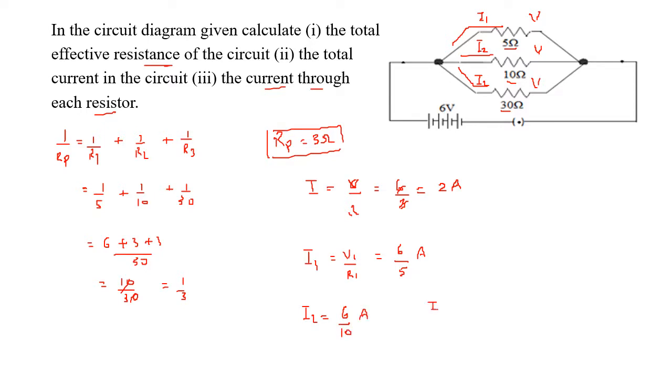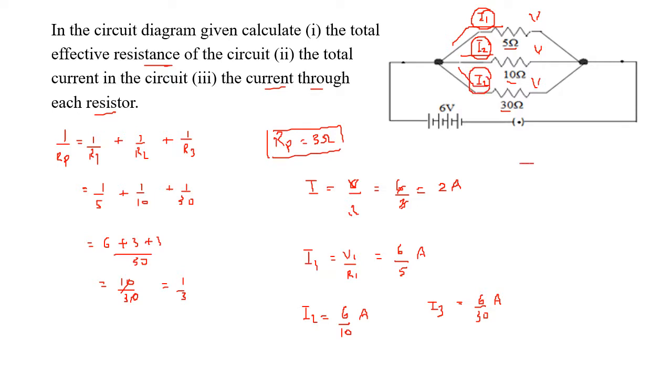The current passing through the third resistor, that is 30 ohm, is 6 upon 30 ampere. So current I1 is 6 by 5, the current I2 is 6 by 10, and the current I3 is 6 by 30.